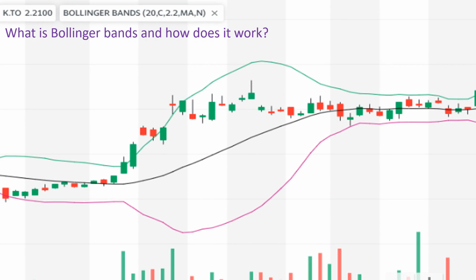Bollinger Band consists of 3 lines, namely the upper band, the lower band, and also the middle band, which is SMA 20 or simple moving average with 20 days period. The upper and lower bands are apart by 2 standard deviations, which shows traders how far the price is from the middle line or SMA 20.